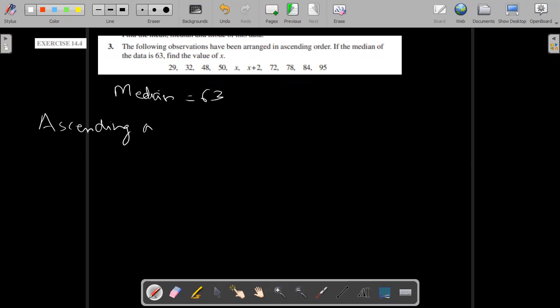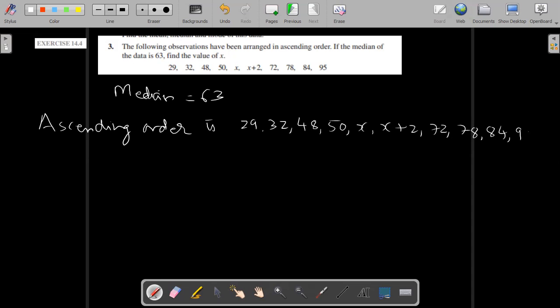The ascending order is 29, 32, 48, 50, x, x plus 2, 72, 78, 84 and 95.